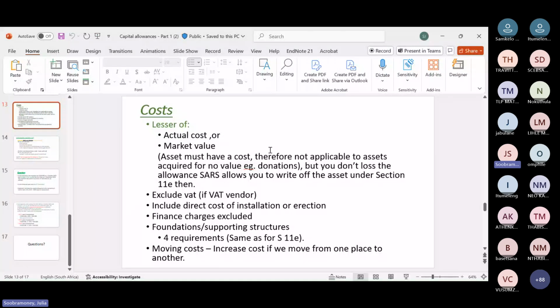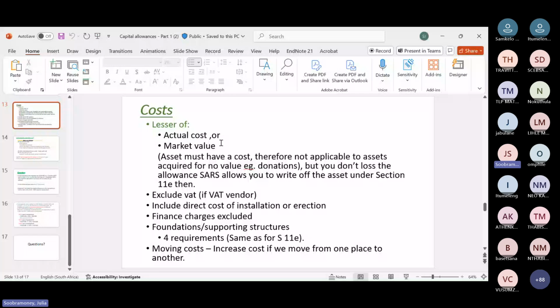Let's say the actual cost is 100,000 and the market value is 120,000. What would be the cost for that asset? What would you use in your calculation? 100,000. Okay, so I think everyone understands that principle. We will use the 100,000, the lesser one.